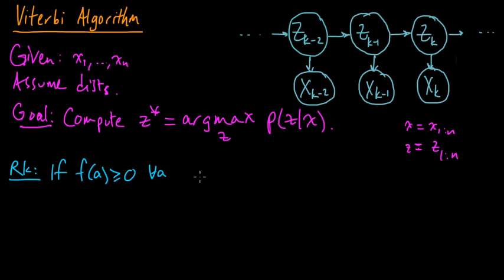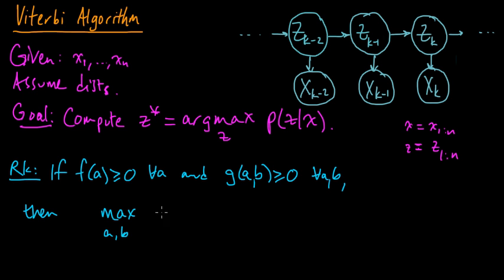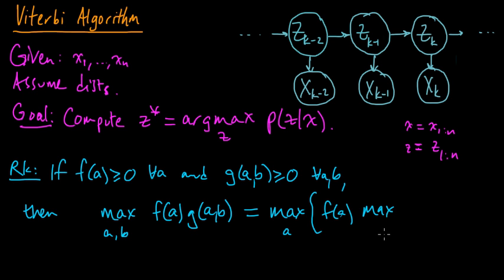If f is a non-negative function taking argument a, and we have another non-negative function g with arguments a and b, then the max over all a and b of the product of f of a and g of a and b equals the max over a on the outside of f of a times the max over b of g of a and b.